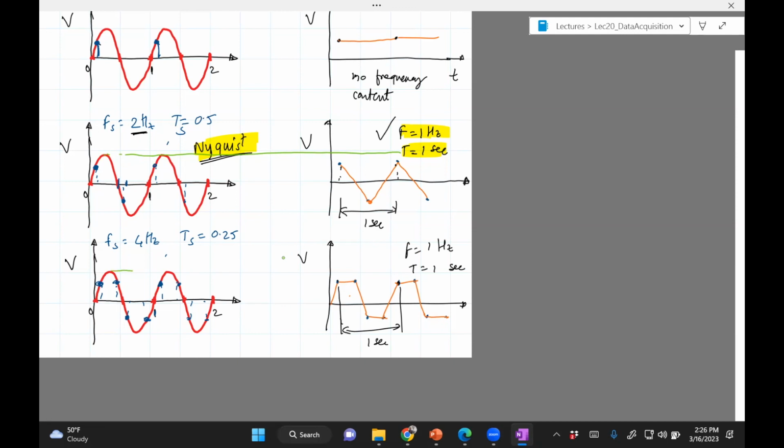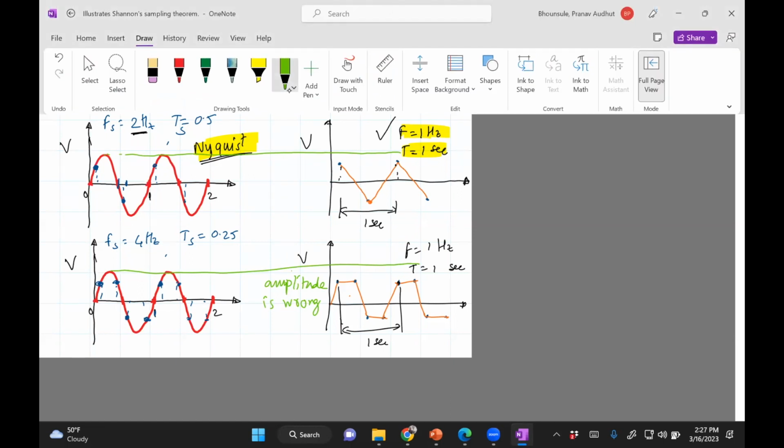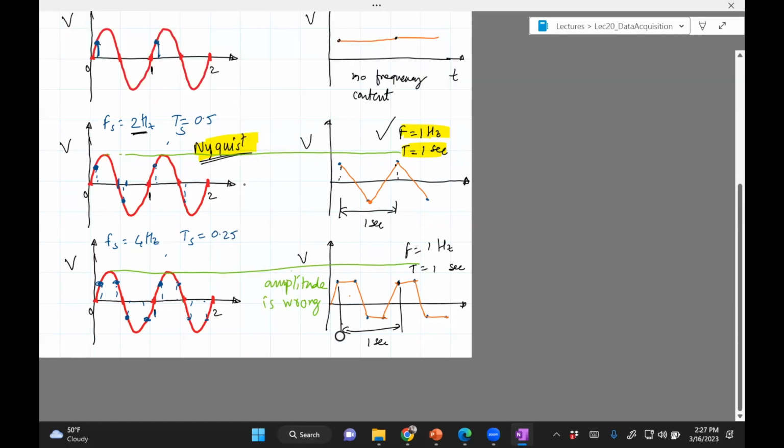So similarly here, if you see, this is the natural frequency. So amplitude is wrong. Okay. And this phenomenon is known as anti-aliasing. That is, it cannot reproduce the actual amplitude of the signal.